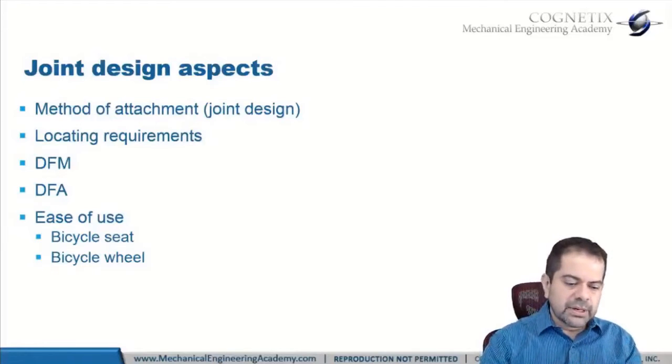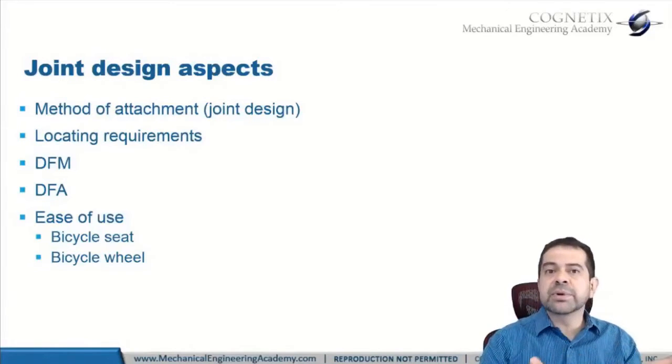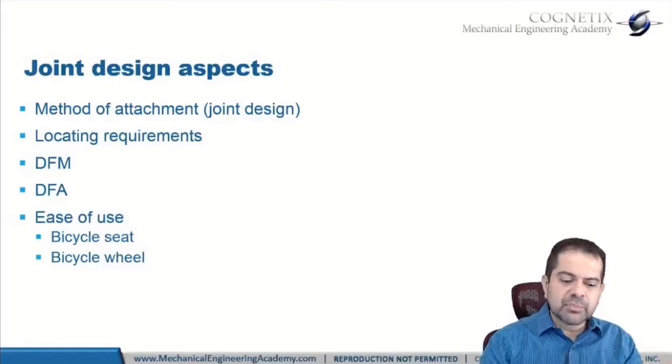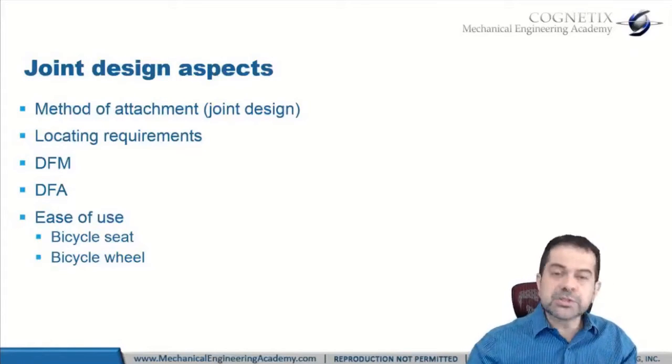Okay, ease of use. For example, you have a bicycle seat. The post of the bicycle seat is a round component, obviously. You need to be able to attach it, in that case, to another round component. But sometimes you try to make that an easy to use feature, because the user of the bicycle may need to adjust the seat height.